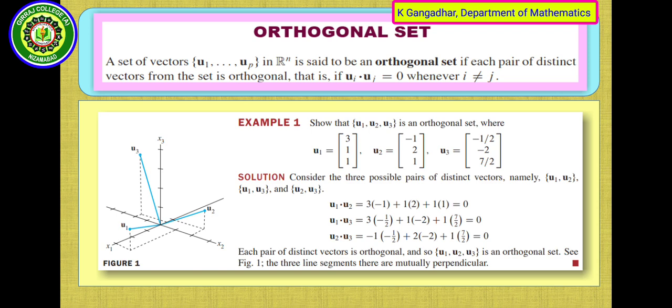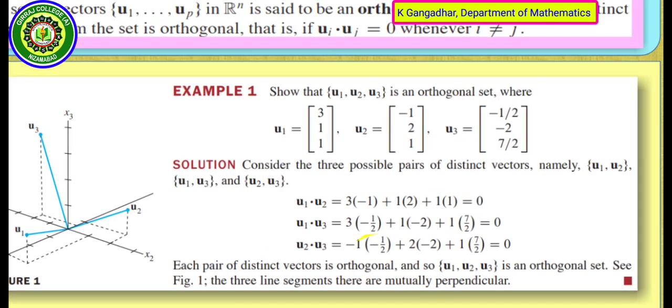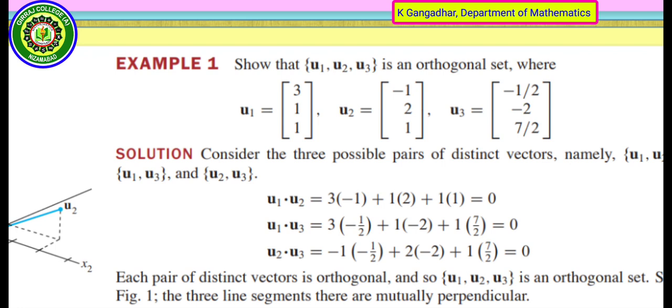So now the example. Show that {u1, u2, u3} is an orthogonal set where u1 equals (3, 1, 1), u2 equals (-1, 2, 1), u3 equals (-1/2, -2, 7/2).